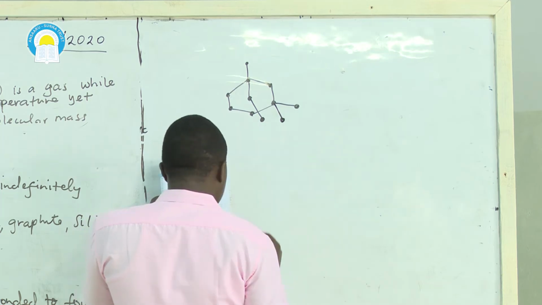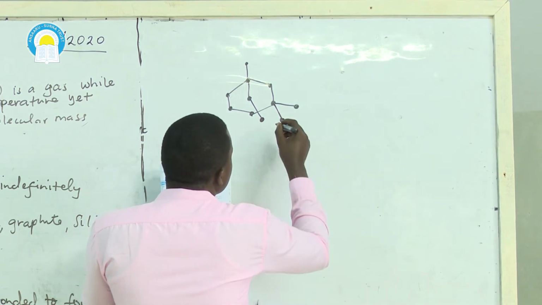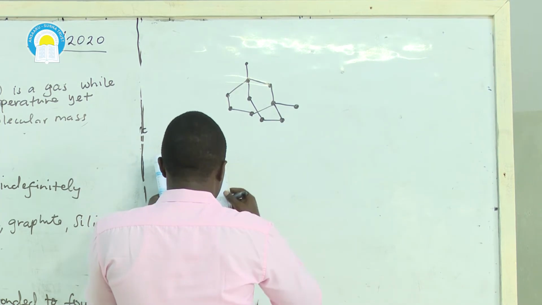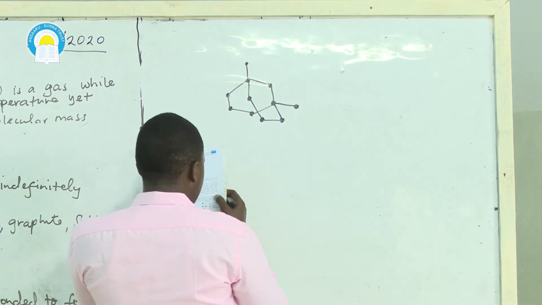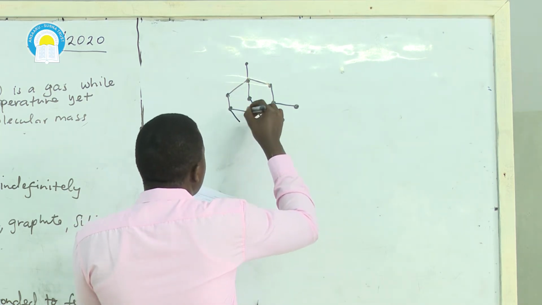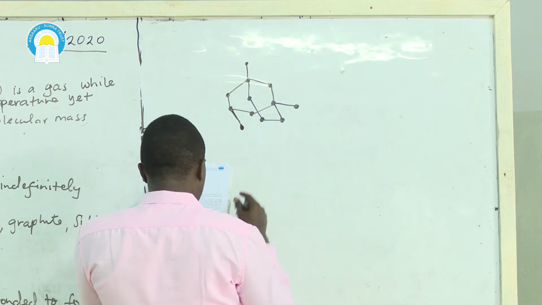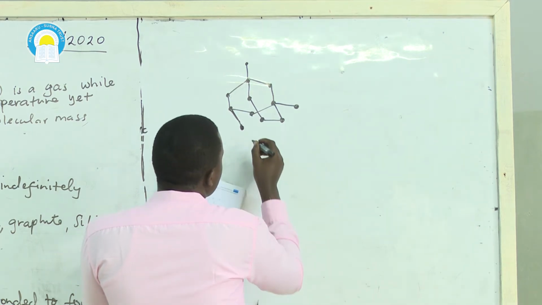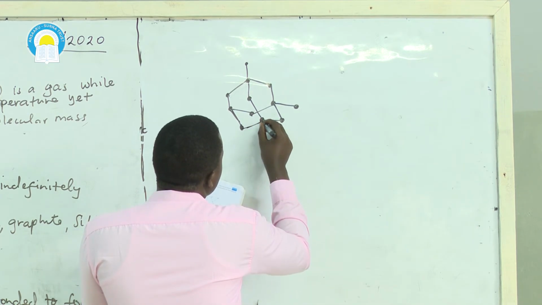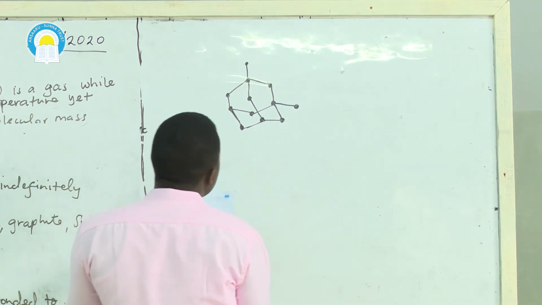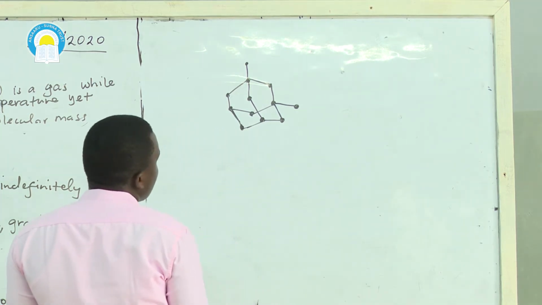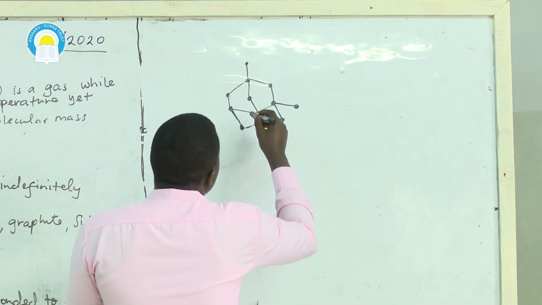So each carbon is bonded to 4 other carbon atoms. So this is repeated.